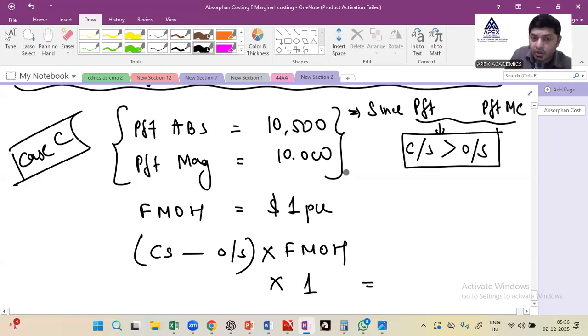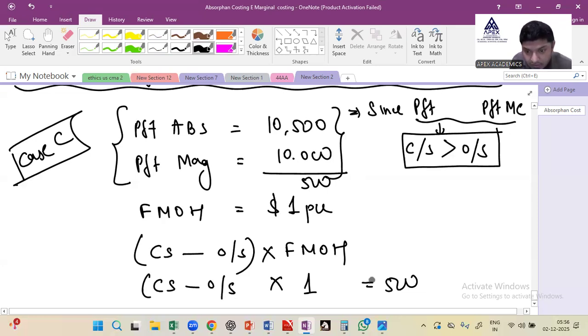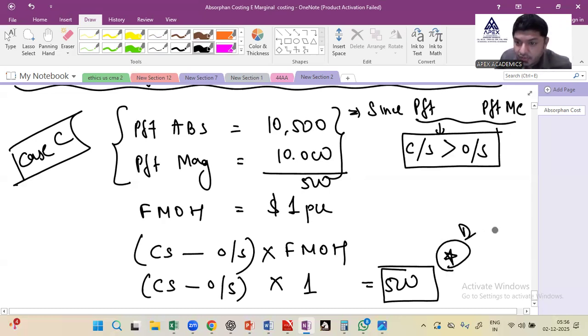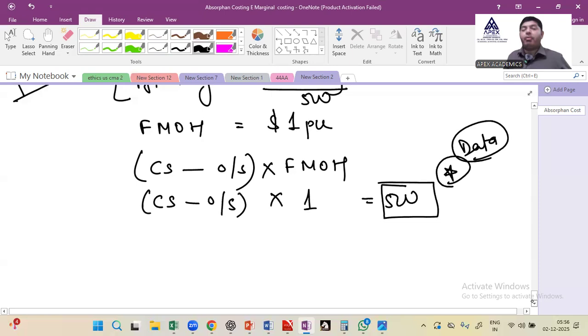How much is the profit more? The profit is more by 500. So this is 500. I can see over here clearly that closing stock minus opening stock is equal to 500. This is a very important piece of data for us. Why is this an important piece of data?